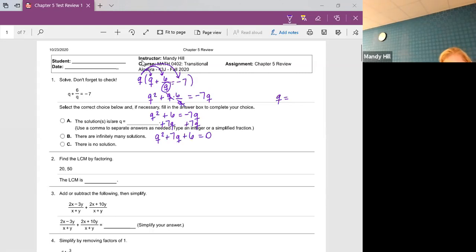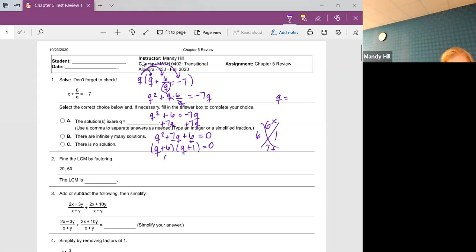Okay, there's two ways we can go about solving this. We can solve it by hand, which means we would be looking for numbers that multiply to 6 and add to 7. Those would be 6 and 1. So we would write down Q plus 6, Q plus 1 equals 0, and then we would solve.